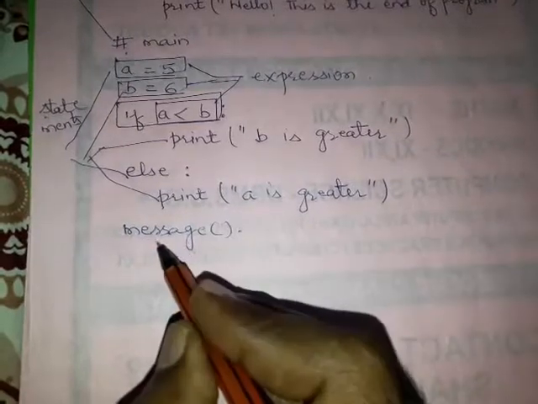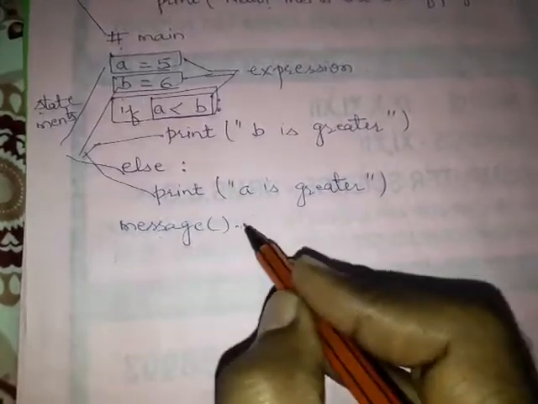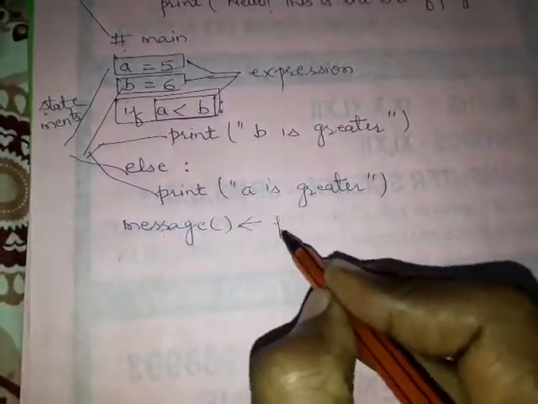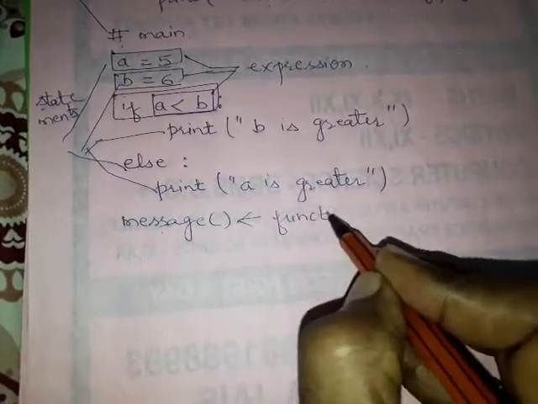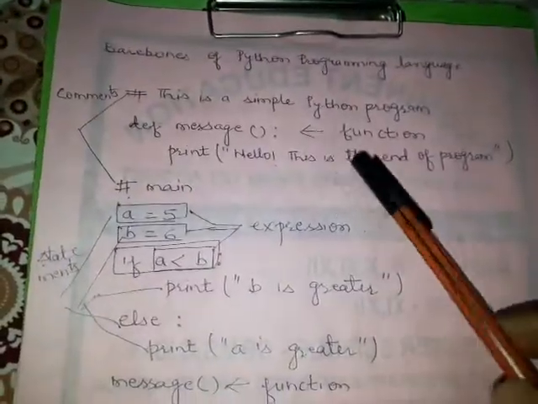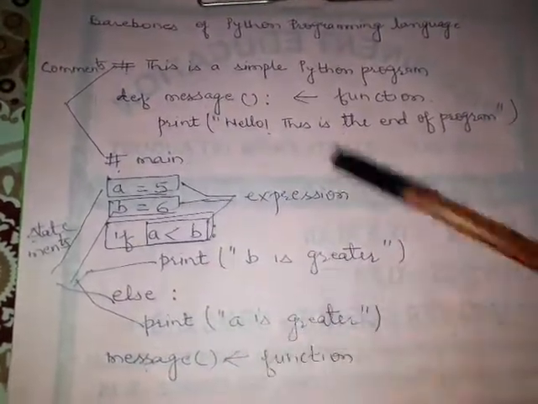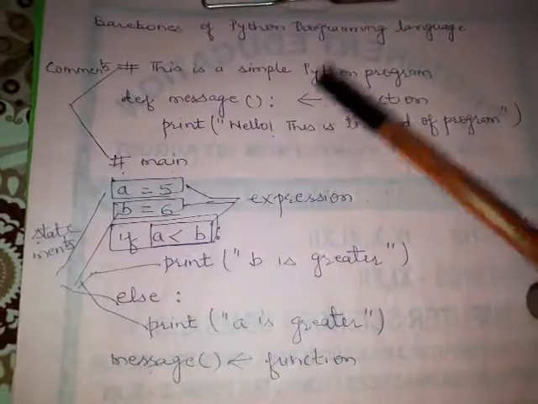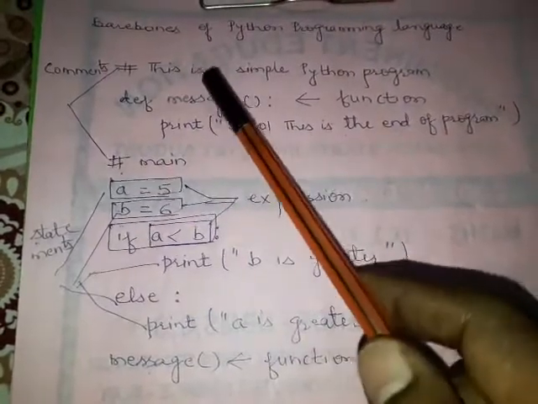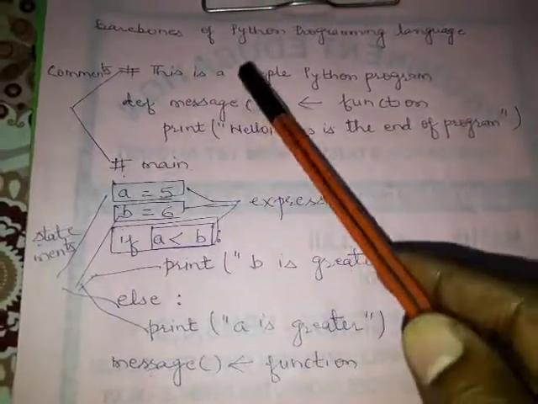And this is the function call. It is also a function. So you can see here that there are different parts in our program, and each part is called by some different name. This is called comment. These both two are comments.